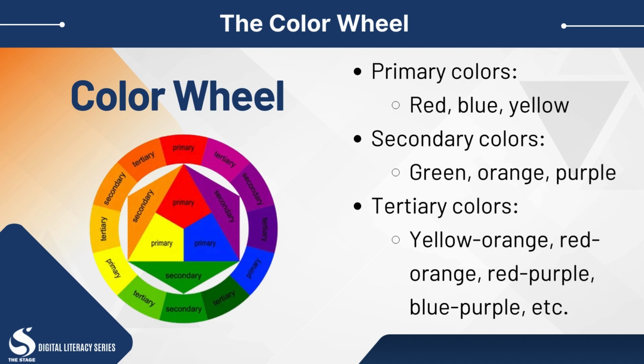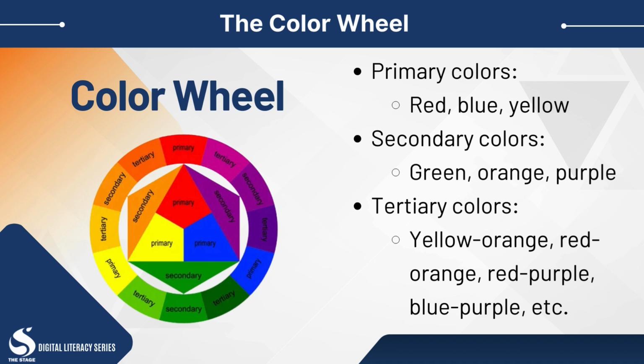And then we have our secondary colors. Those secondary colors are green, orange, and purple. Now, these are made by mixing the primary colors. And then we have our tertiary. Our tertiary colors are combinations of primary and secondary colors.